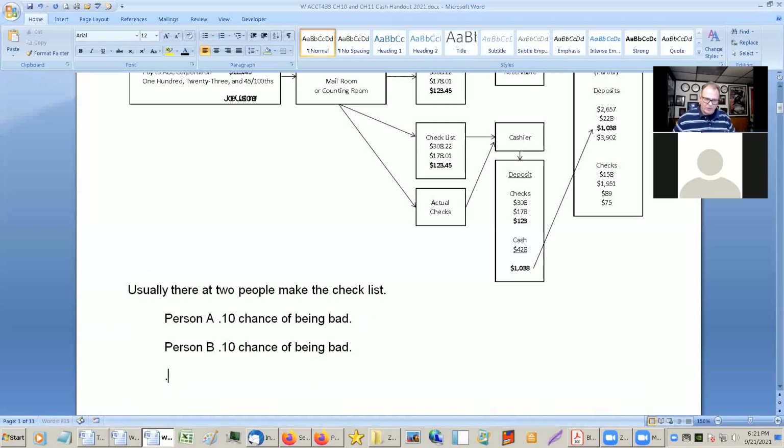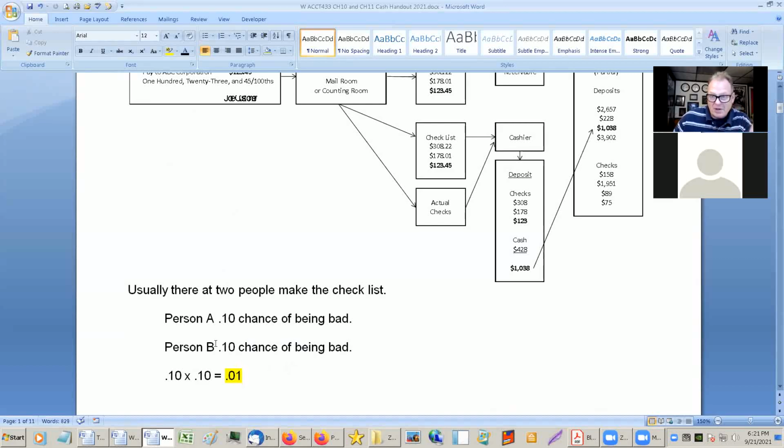If you have two people doing it, notice what has to happen. They both have to be in that 10% of being bad. You have now reduced the chance of being bad down to 1% by having another person do it.